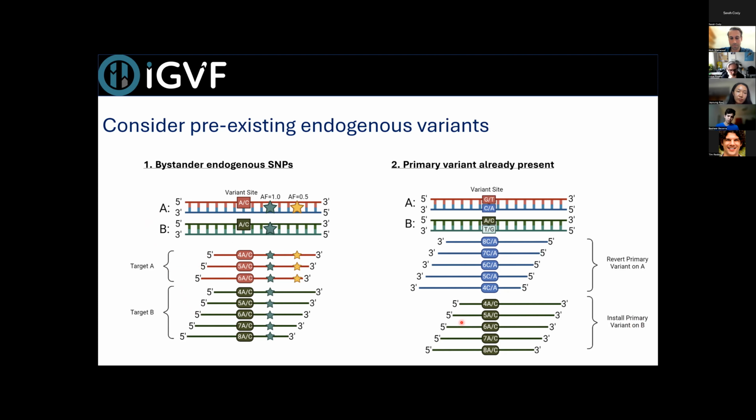The other scenario is if the primary variant you want to install already exists in your cell line. This depends on the type of variants you're studying, but if your variants have a high average minor allele frequency of, let's say, 20% in the population, then potentially around 20% of your variants will already exist in your cell line.